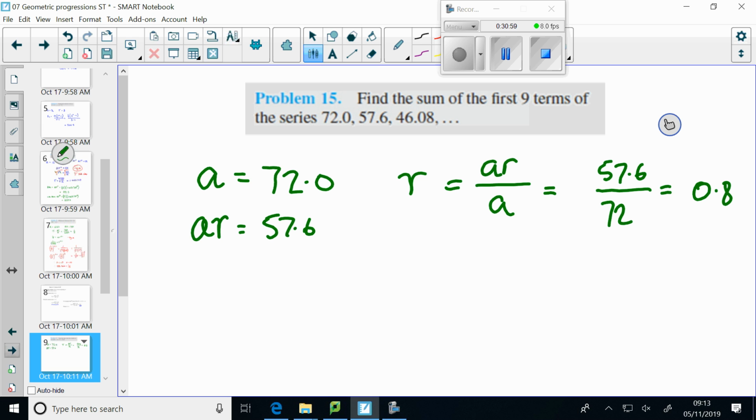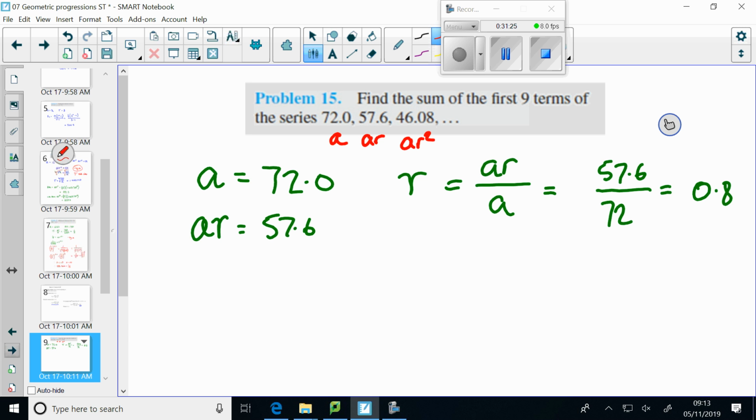Remember this series, a geometric series, goes A, A times the common ratio. The first term is A, the second term is A times the common ratio, the third term is A times the common ratio squared.